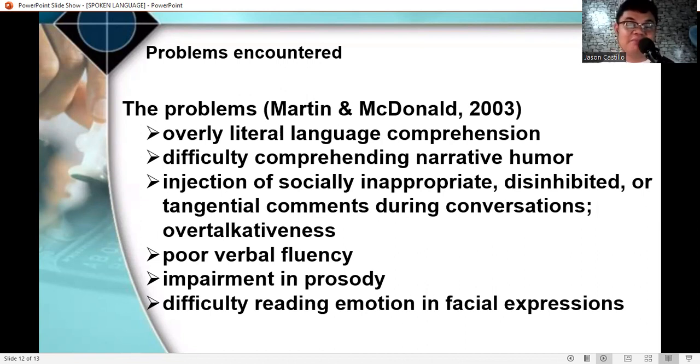Poor verbal fluency. I remember I have this student who is having difficulty in speaking, but I don't want to give my own diagnosis, because he's not diagnosed. He was not labeled by experts. Other teachers think that he cannot read. Why? Because he cannot speak.